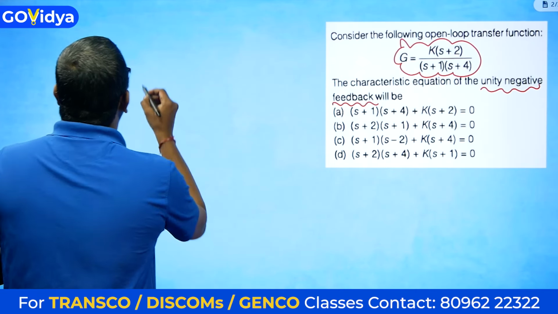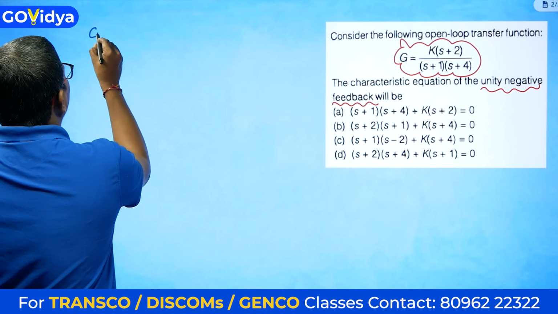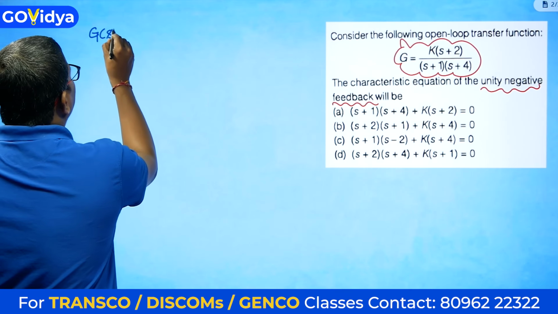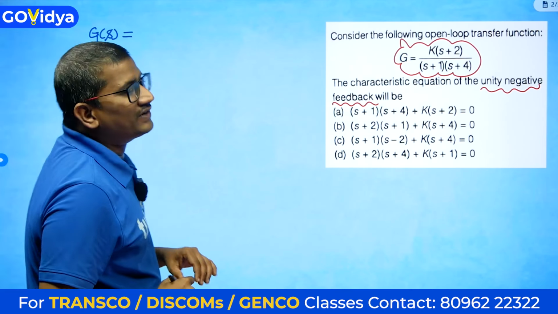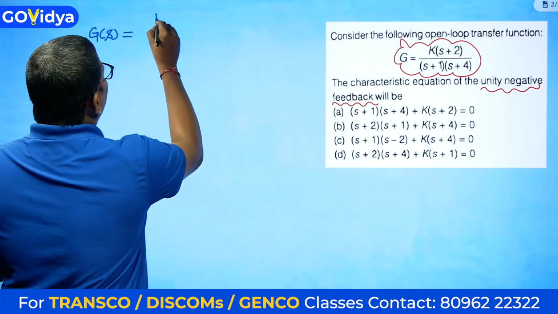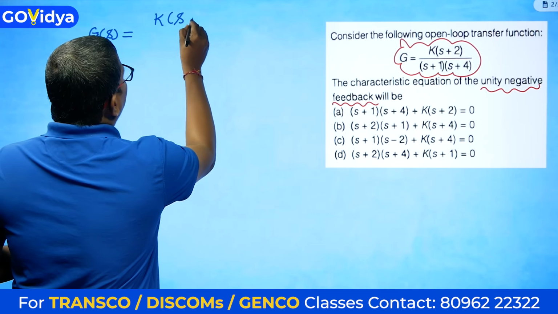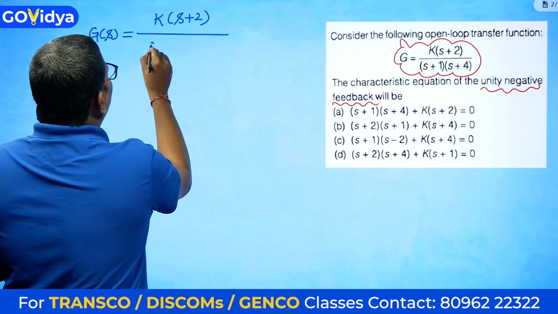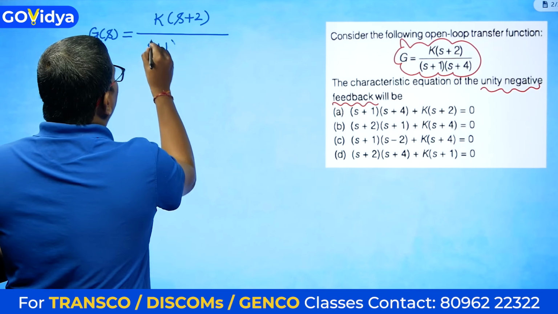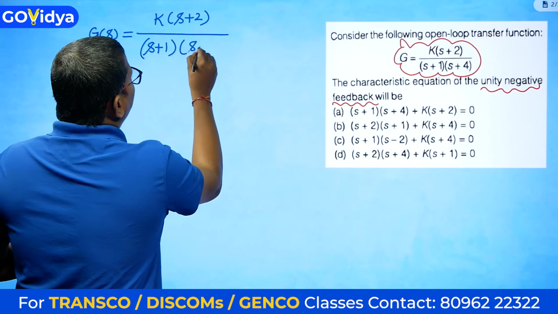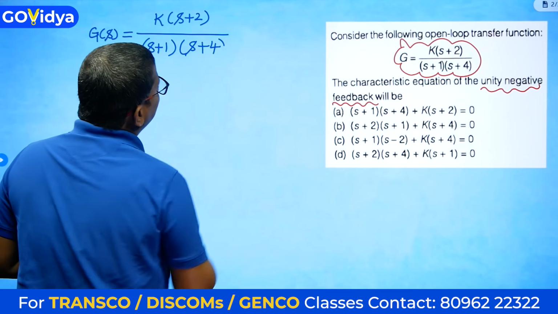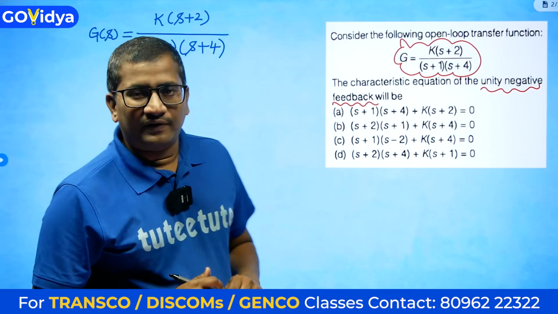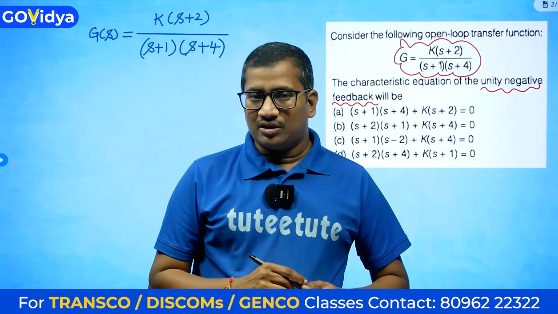First let us take the given transfer function G(s). G(s) is equal to K into (s plus 2) divided by (s plus 1) into (s plus 4). Actually this is the open loop transfer function, but we need the characteristic equation.